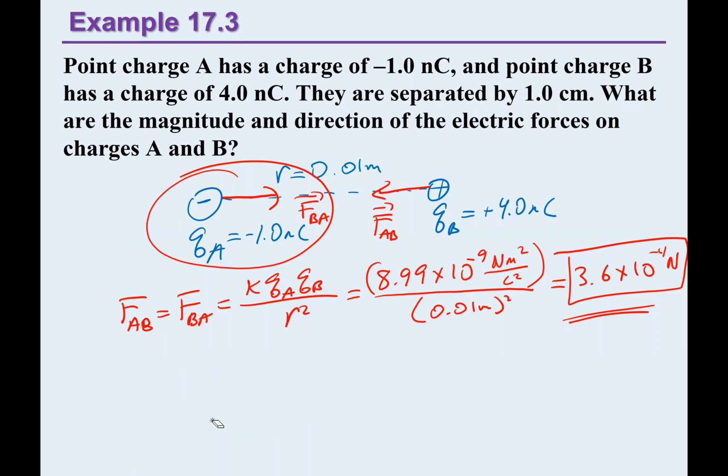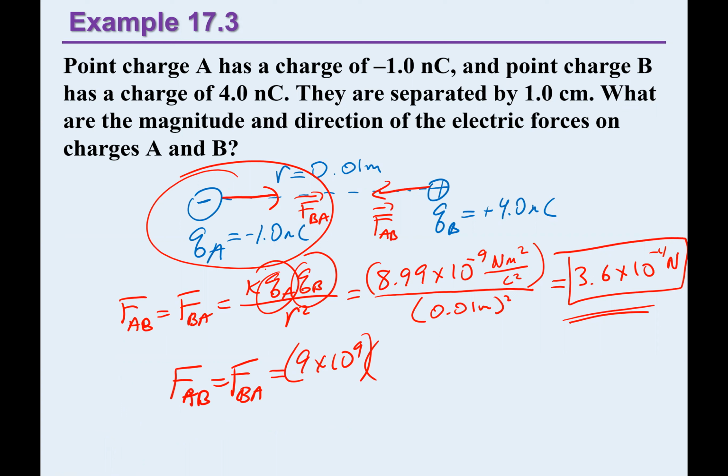So when we're calculating this example over here, see F_AB, which is F_BA, what I have here is 9 times 10 to the 9, times Q_A times Q_B.